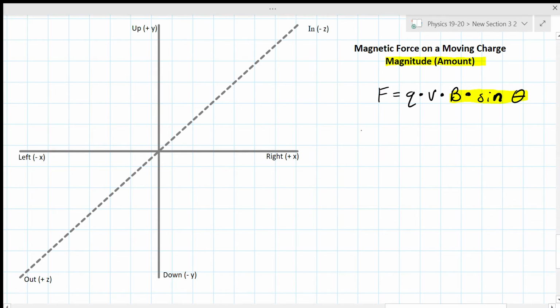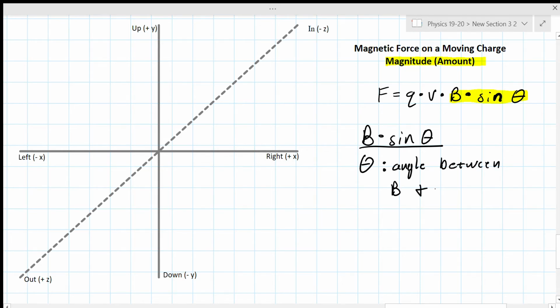All right, so B times the sine of theta. Well, theta is the angle between B and V, between the magnetic field and the velocity vector, the velocity of the charge.